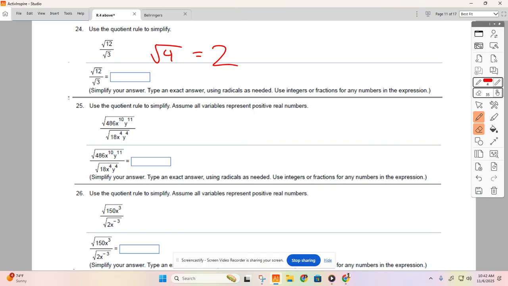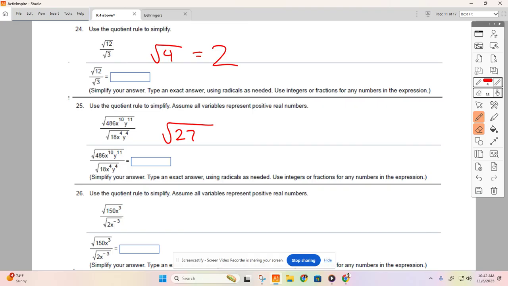All right, for number 25, I'm going to put them under a radical. I'm going to simplify the fraction underneath by doing 486 divided by 18, and it comes out to 27. So, remember when you multiply a common base, you add the exponents.